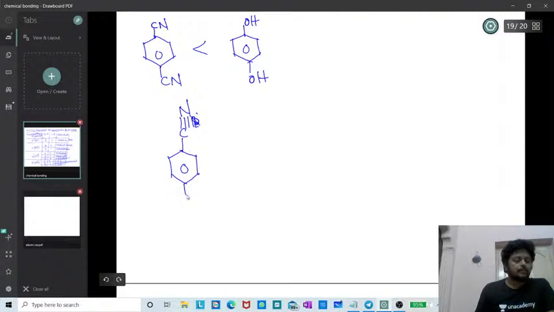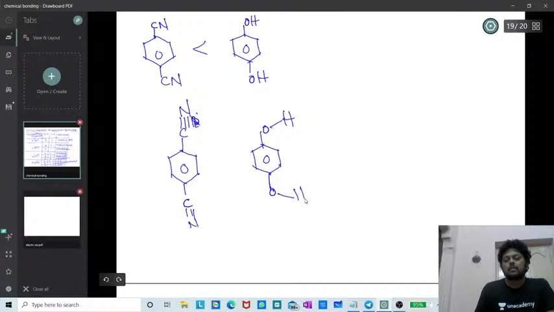Whereas in this OH compound, out of C and this C, this one has more electronegativity, so the vector direction is upwards. And out of these two, nitrogen has more electronegativity.